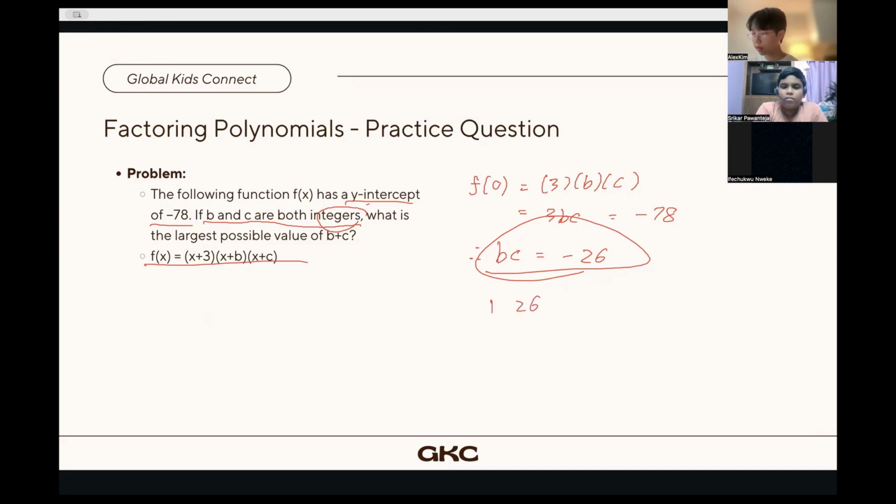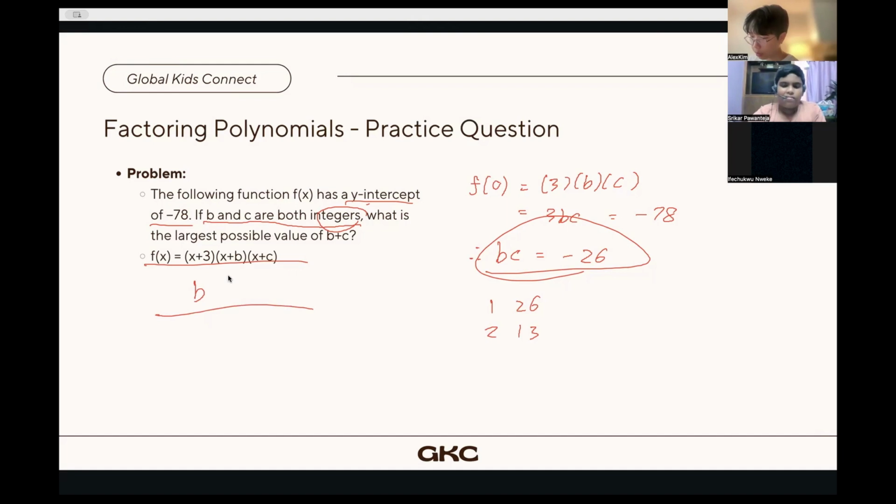Just remember that we're only looking at the magnitude for now. There is a negative sign, and so the two numbers will have opposite signs. But for now, we're just finding what we can divide them into. If b was equal to 2, then c could be 13. And then the opposite could be 13 times 2. It can also be 26 times 1. And so from here, we can write down every possible value.